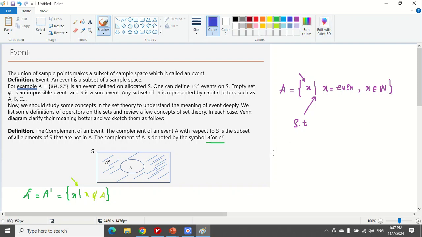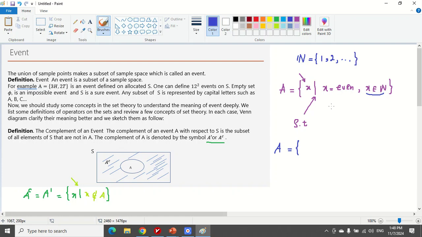So over here we have a set A. Again, I can rewrite A by the elements over here, because x is an element of N, or this set A is a subset of the natural numbers. And as you know from high school, the natural numbers contain the elements as follows. It starts from 1, 2, 3, 4, 5, 6, 7, and it goes up to infinity. These numbers are called the natural numbers.